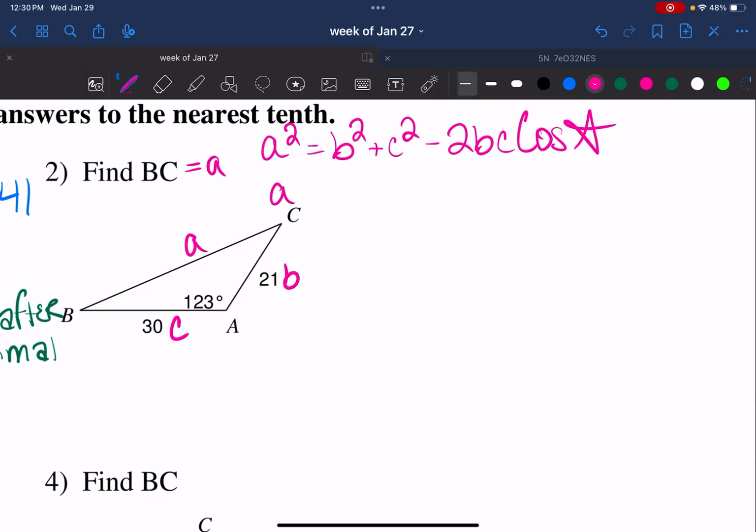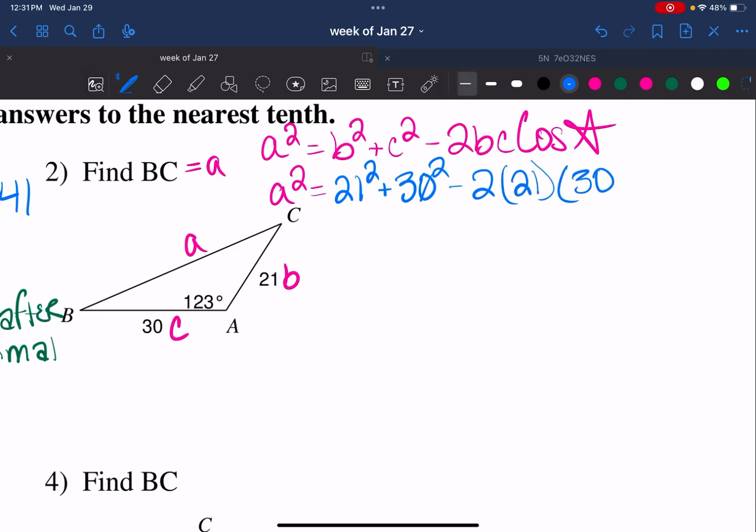We're looking for A squared. So we're going 21 squared plus 30 squared minus 2 times 21 times 30 times cosine of 123.